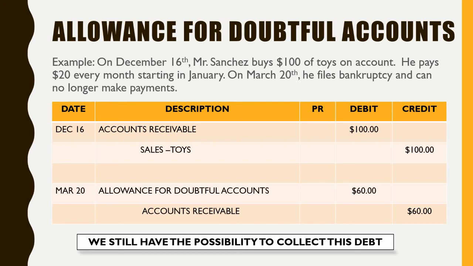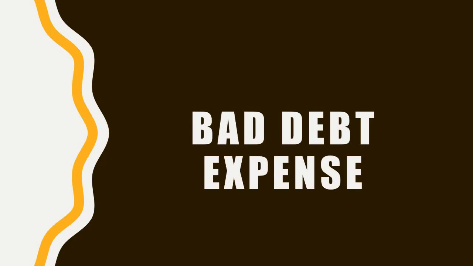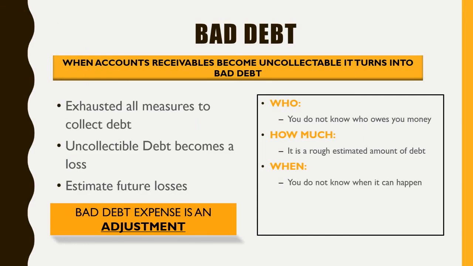Okay. So when we decide to exhaust all of our means to try to collect the money that customers owe us, then now we are introduced to what's called bad debt. Now this happens at the end of a given period, because at the end of the year, you are going to create what's called an estimated amount.